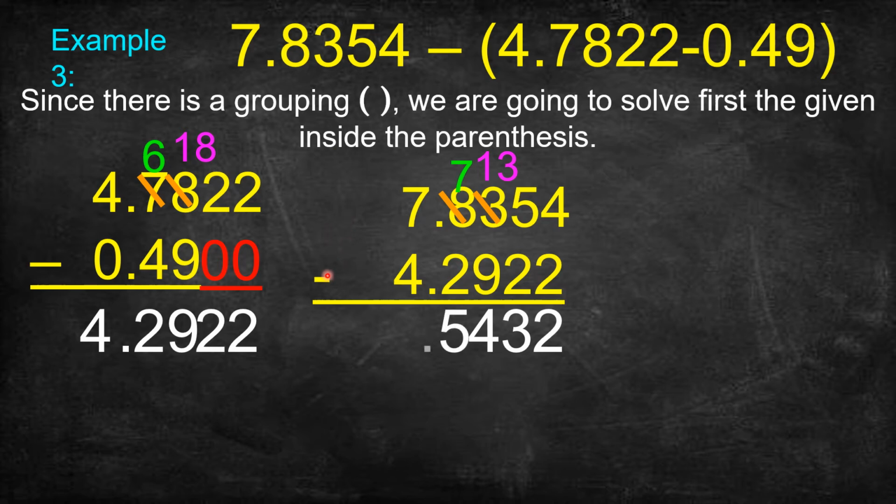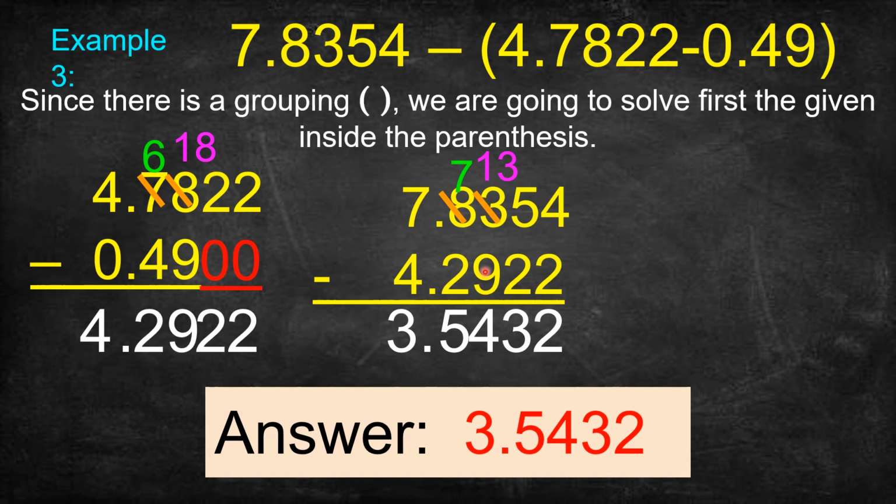And then, copy the decimal point. Then, 7 minus 4 is equal to 3. And now, we have our final answer which is 3 and 5,432 10,000. So again, kapag merong naka-groupings or naka-parentheses, kailangan muna natin silang unahin bago natin i-compute yung mga natitirang nasa labas.